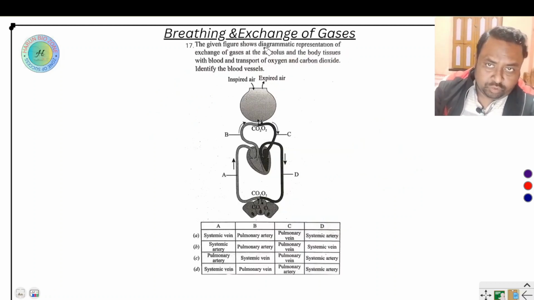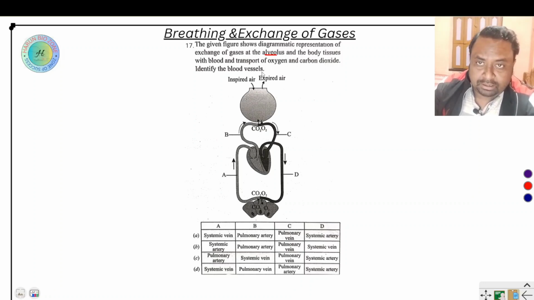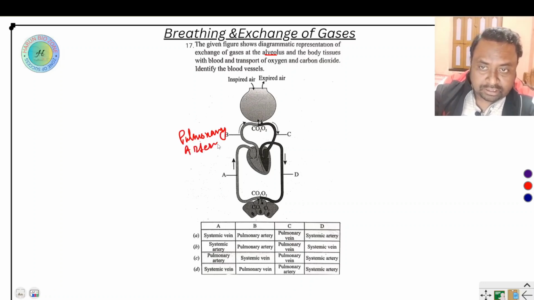Next, the given figure shows the diagrammatic representation of exchange of gases at the alveolus and the body tissue with blood, and transport of oxygen and carbon dioxide. Identify the blood vessel. First, from the heart to the lungs, the deoxygenated blood is supplied through the pulmonary artery, the only artery that carries deoxygenated blood, and from lungs to heart, the pulmonary vein, the only vein that carries oxygenated blood.